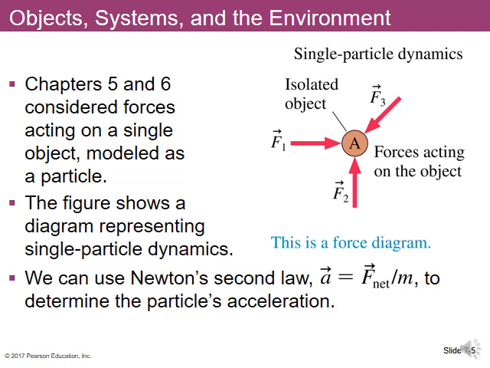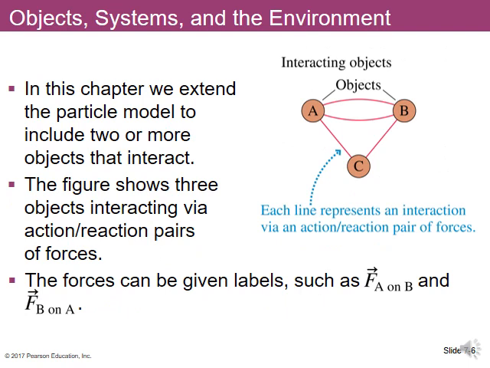So we have to be careful when we start to get into problems with more than one object. In this chapter, we're going to extend that simple particle model to include two or more objects that interact with each other. As we see here, what if we had three objects that are all exerting forces on each other? By drawing a line between them, we can show that there's a force between B and C, right?